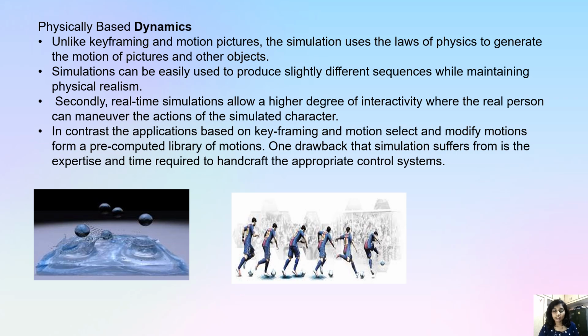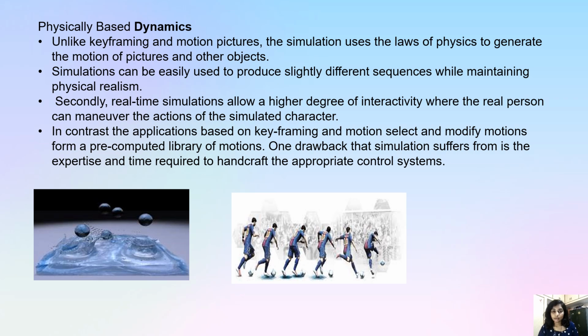Physical based techniques, that is dynamics. Unlike keyframing and motion capture, simulation uses the laws of physics to generate the motion of a figure and other objects. Simulations can easily be used to produce slightly different sequences while maintaining physical realism.